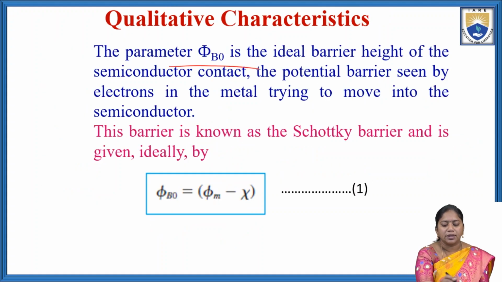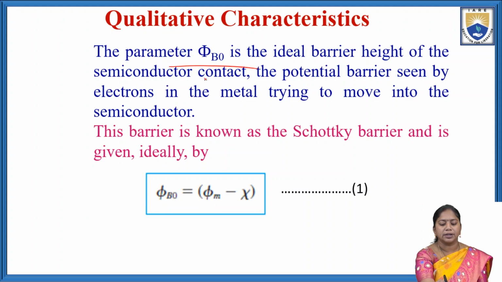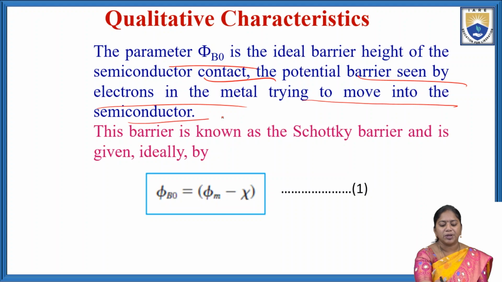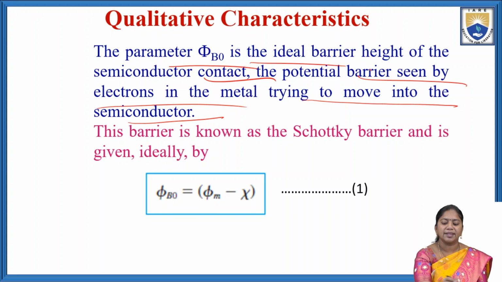The parameter phi b naught is called the ideal barrier height of the semiconductor contact. It is the potential barrier seen by electrons in the metal trying to move into the semiconductor.